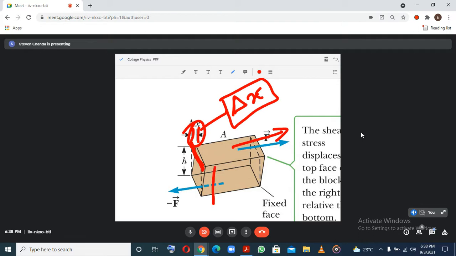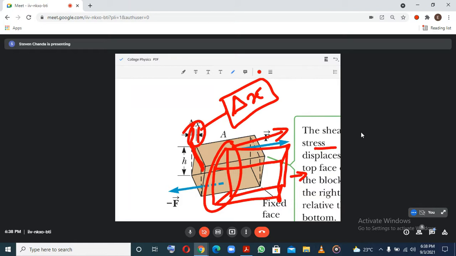Let's just draw this. So if you had something like this, and this was the normal, and then after the shear happens, I'm just going to draw this part. Then this part changes and it becomes displaced.